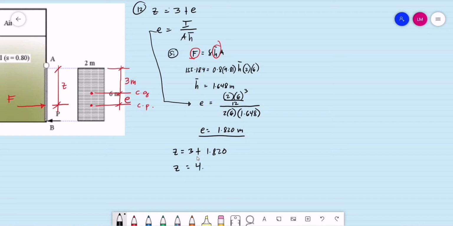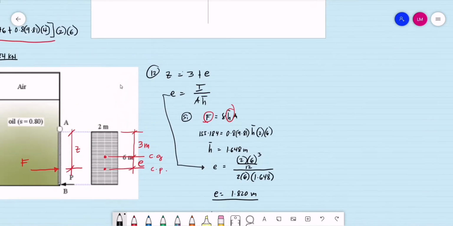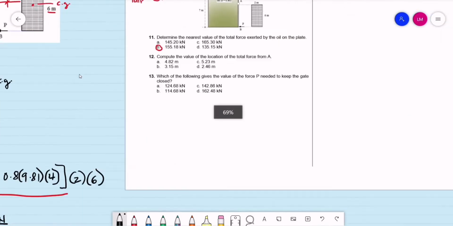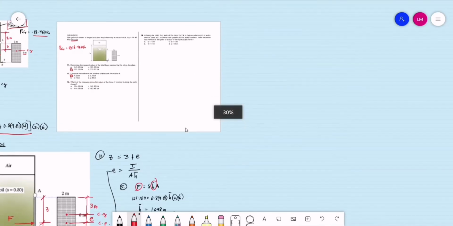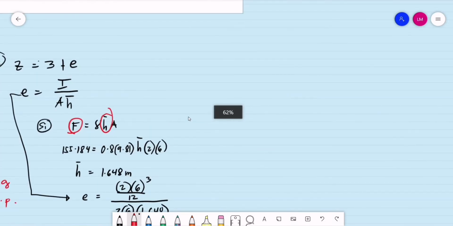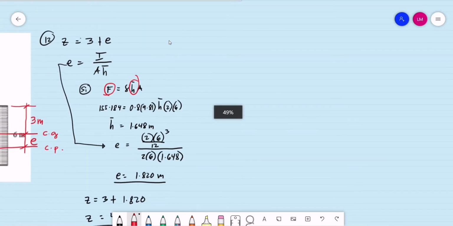So, 4.82, question number 12. So, check natin ito sa choices. If we have 4.82, for question number 12, that will be letter A tayo dyan. So, yun yung ating solution number 1 kung gusto nating i-compute yung E using yung bar H.